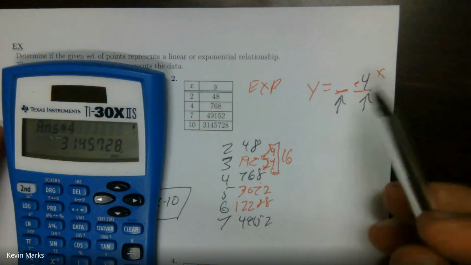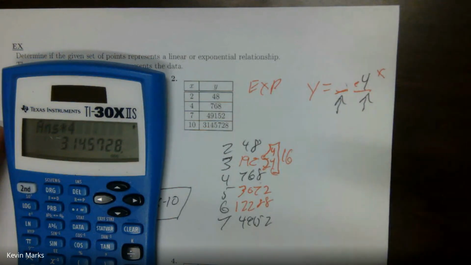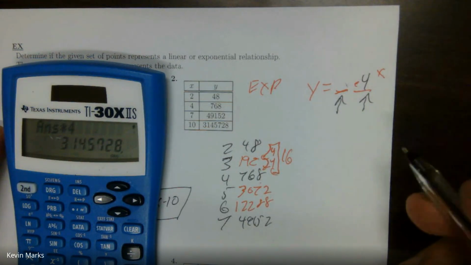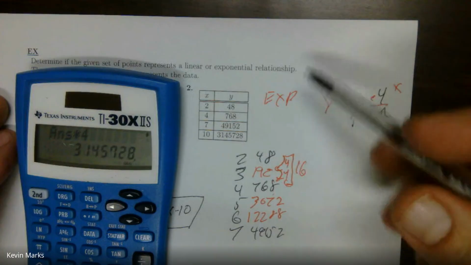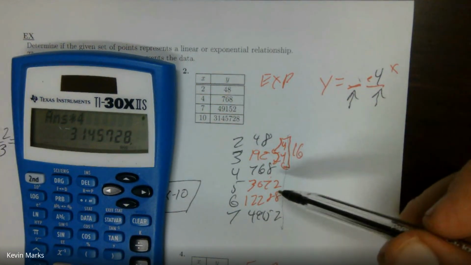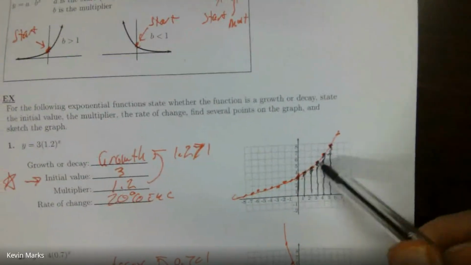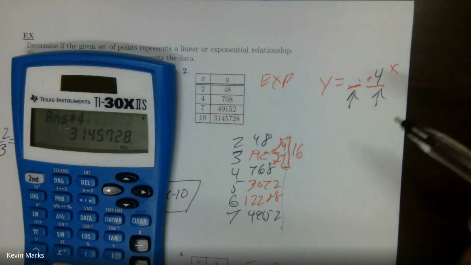Okay, now you've got to figure out what the initial was. But remember, the initial is all about that y-intercept, or when x is 0. Well, basically you've got to figure out what it is. But this direction, you see how you're multiplying by 4? So it's kind of that same picture. If in one direction you're multiplying by 4, to go backwards, that means you would have to divide by 4.